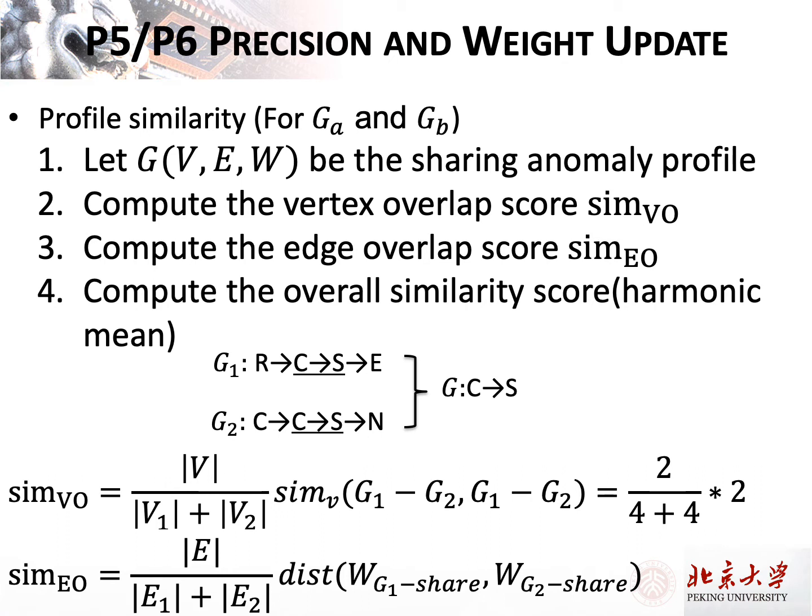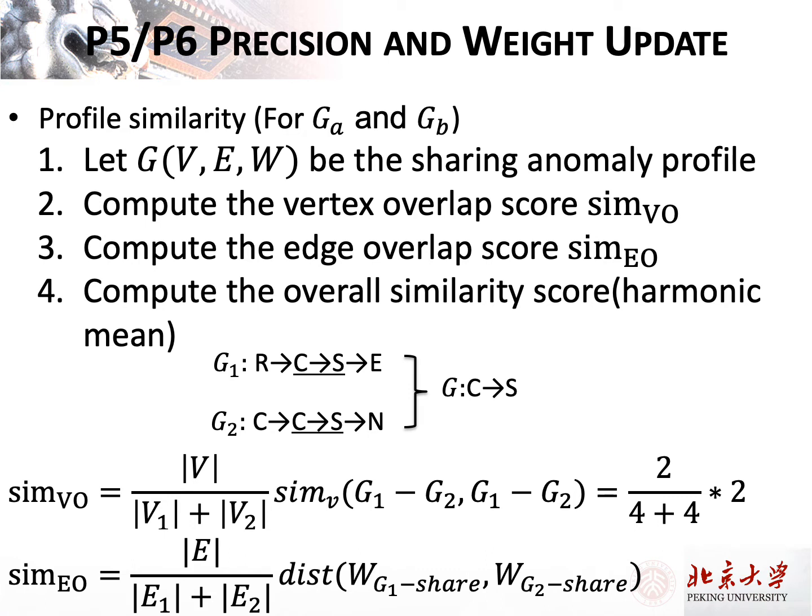For instance, if G1 is a correlation sequence R to C to S to E, and G2 is a sequence C to C to S to N, their shared anomaly profile is denoted as G, C to S. Thus, the number of shared services is 2.